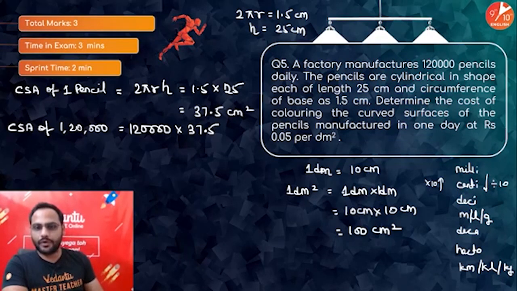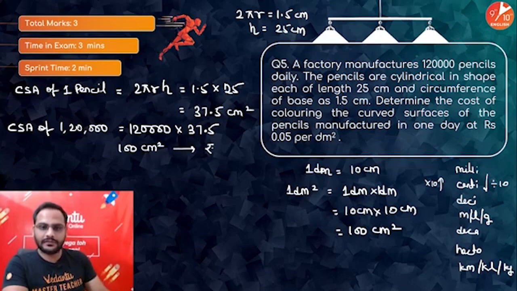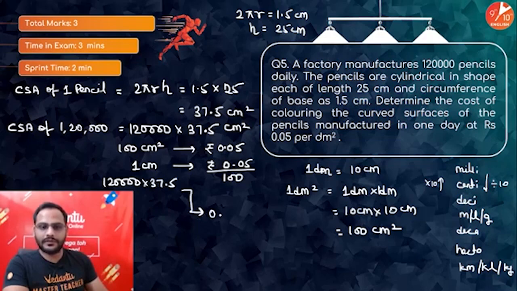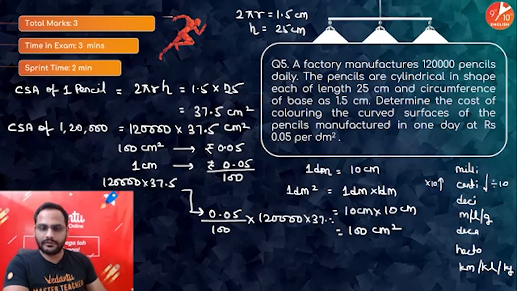Now they are giving the cost. For 100 centimeter square, the cost is rupees 0.05. So the cost for 1 centimeter square will be rupees 0.05 divided by 100. So the cost for the complete area will be 0.05 divided by 100 into 1,20,000 into 37.5.